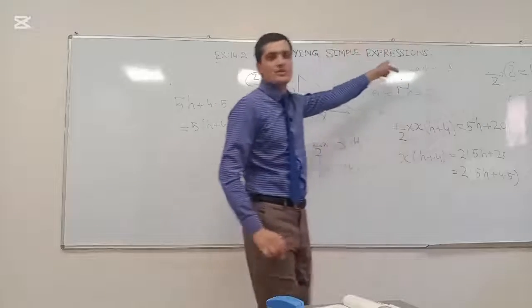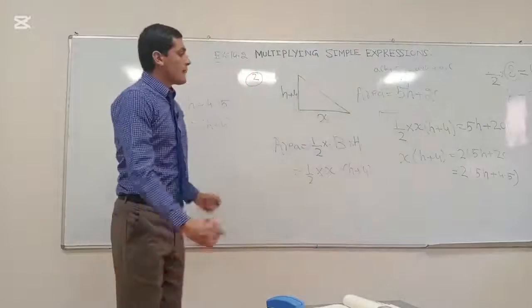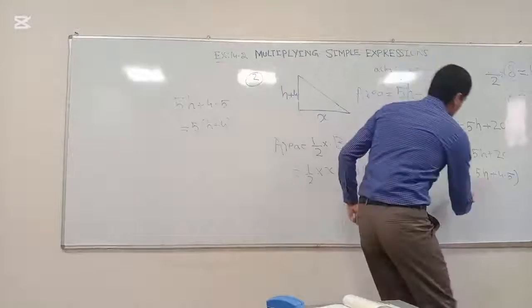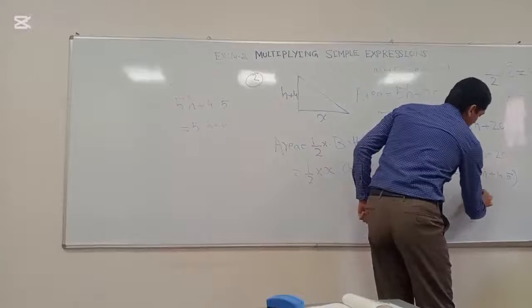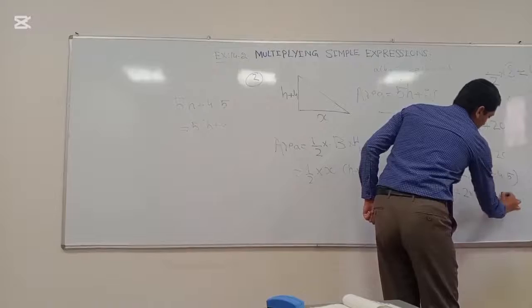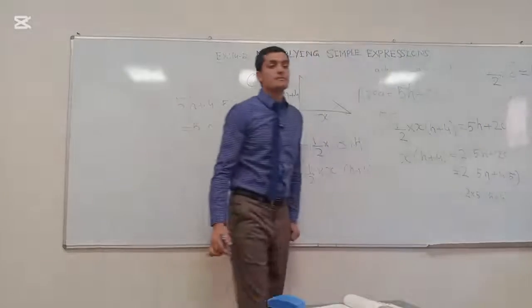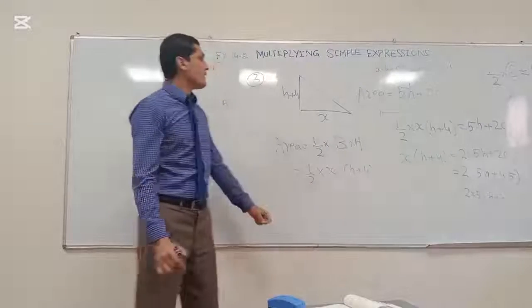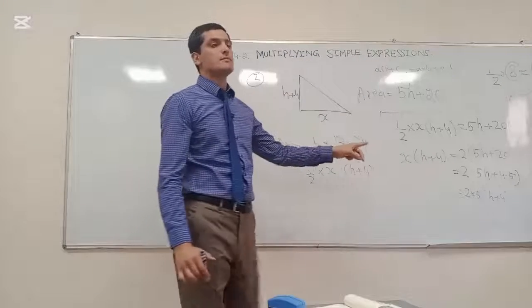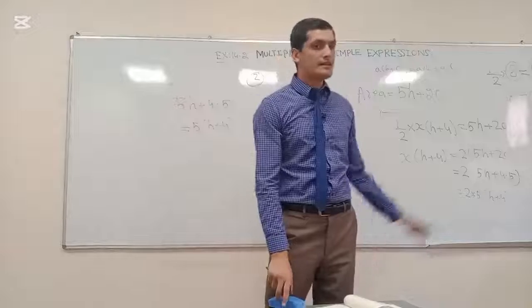The whole lesson is actually on that thing. So I will put 5 outside. So this will become 2 multiplied by 5 and h plus 4. You got this thing or not?